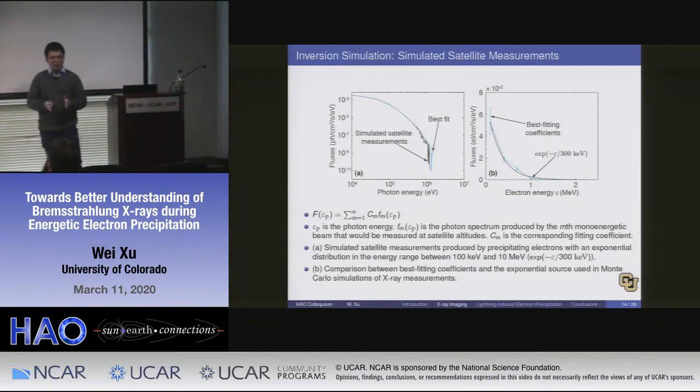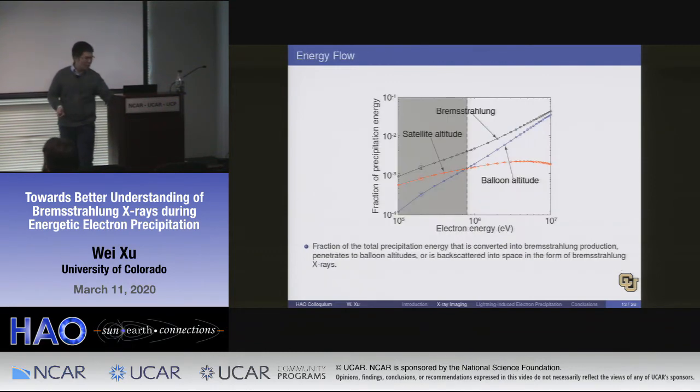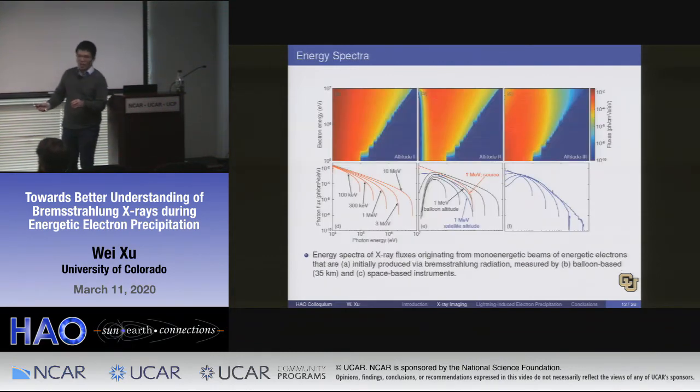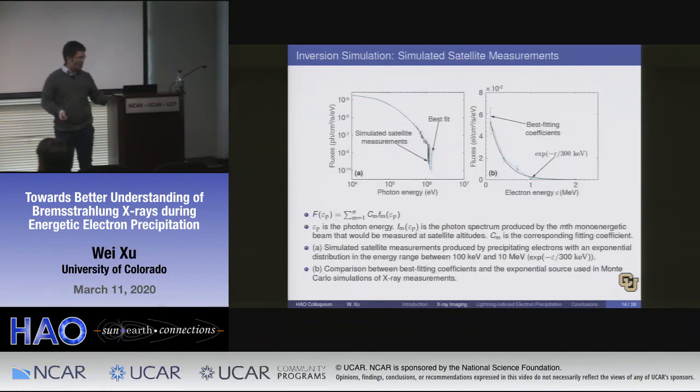We tried to fit this curve using the monoenergetic simulation results. Basically, we try all possible combinations of fitting coefficients. The set of fitting coefficients that minimizes the sum of squared residuals is determined as the best fit, which is the green sine curve here.